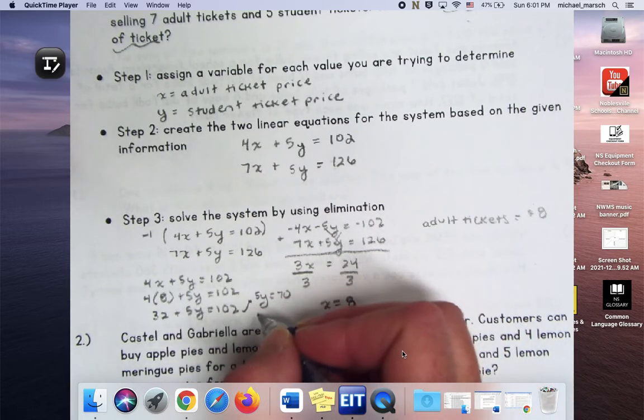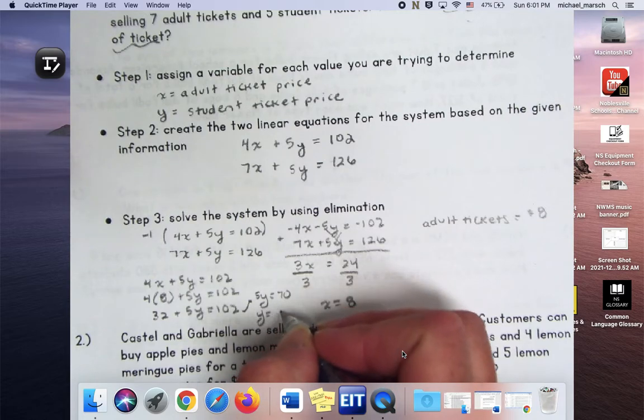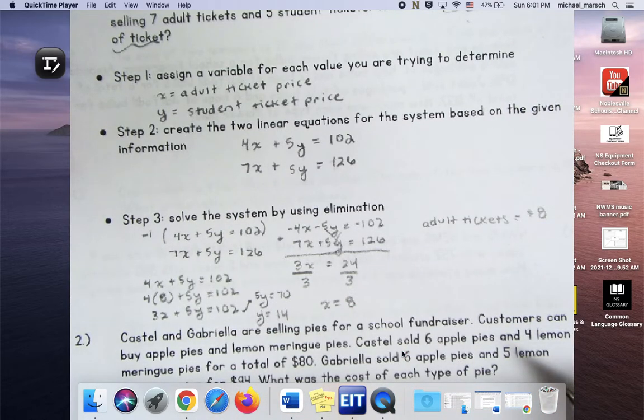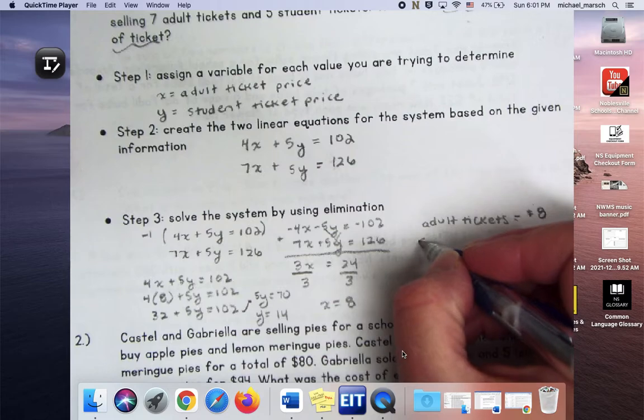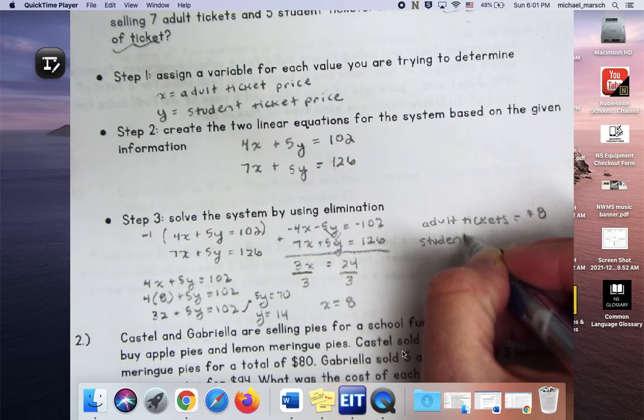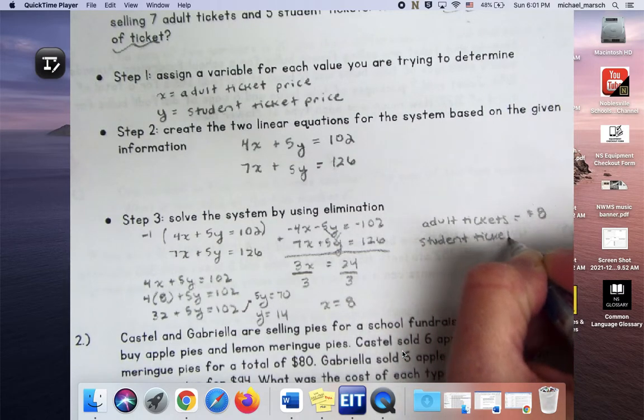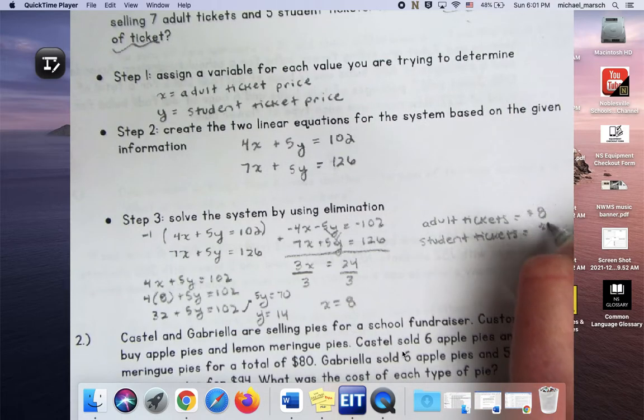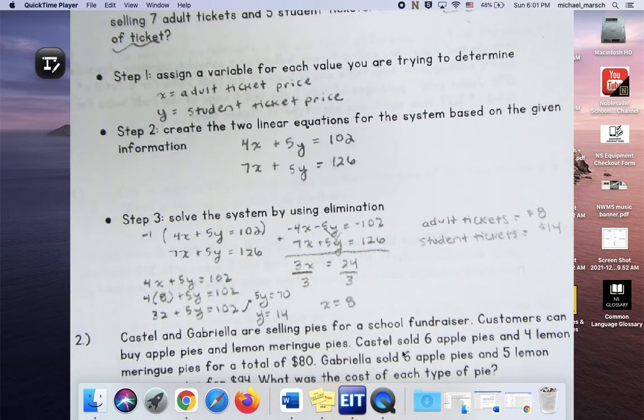If I subtract the 32, divide by 5, y equals 14. So that tells me that the student tickets equal $14. So then I know how much each ticket costs per person.